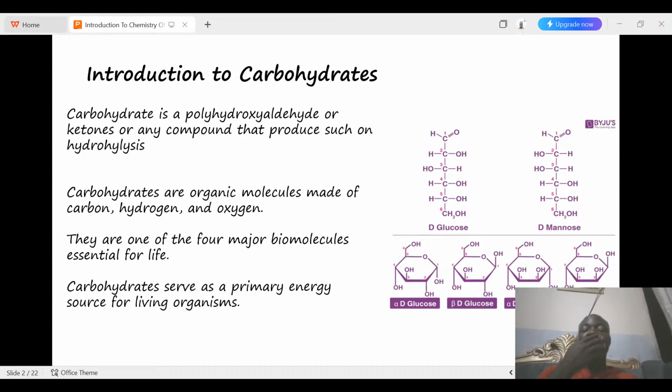So, ladies and gentlemen, if you look at this structure, whenever you are asked to define carbohydrate, it is defined as a polyhydroxy aldehyde or polyhydroxy ketone, or any compound that produces such on hydrolysis.